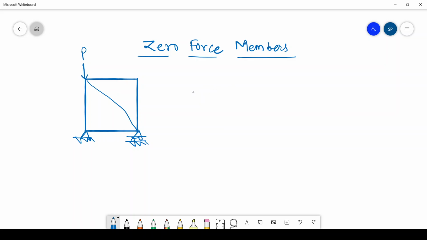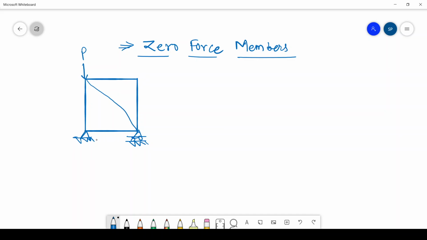But when you are going for large structures having more members, the analysis becomes tedious. If you can identify zero force members readily, your work will be reduced. Now in this session we will see how to identify these zero force members of a truss.